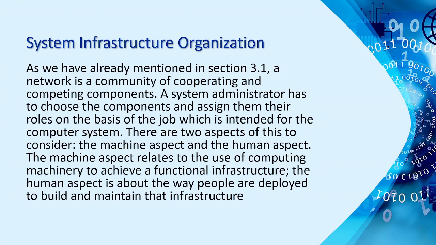You notice that our discussion goes back and forth between machine and humans because they are related; there is an interrelationship between the two aspects. When you say machine, they are the computing machinery such as computers, servers, routers. And the human aspect is about the way people are deployed to build and maintain the infrastructure.